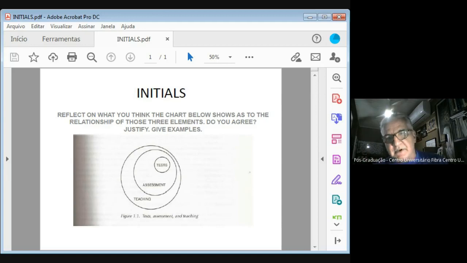In your material, in the platform, you have other examples that you can use. Think about the best one for your class, or some of the best ones for your class. Okay, you have other ideas there.